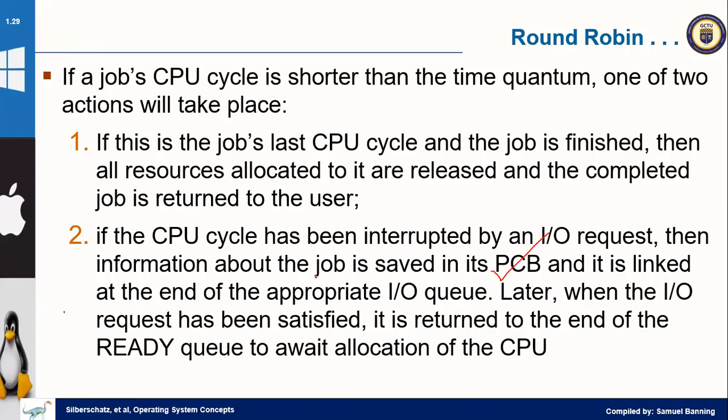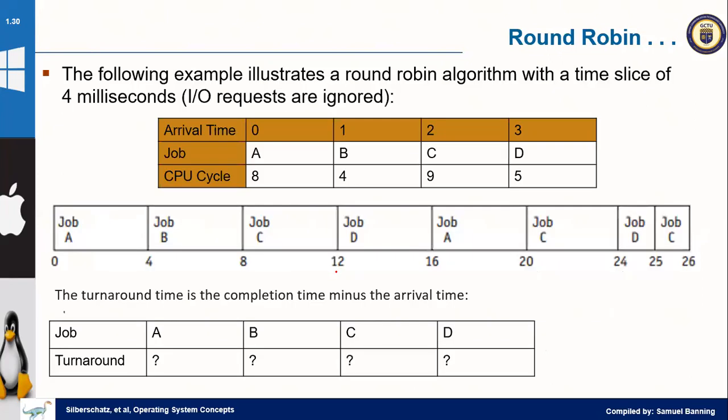So if the CPU comes and you are done, fine. If not, you are taken to the end of the queue. If you are waiting for an IO, you are removed and sent to the IO queue. When you are done, again, you'll be brought to the end of the ready queue. Just as simple as that.